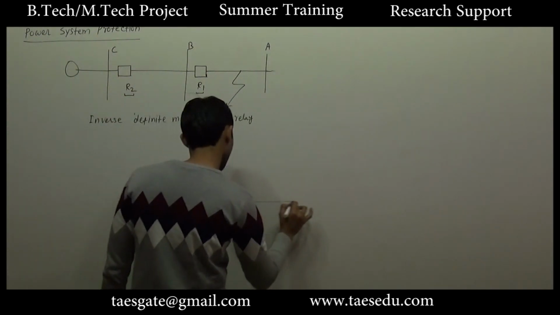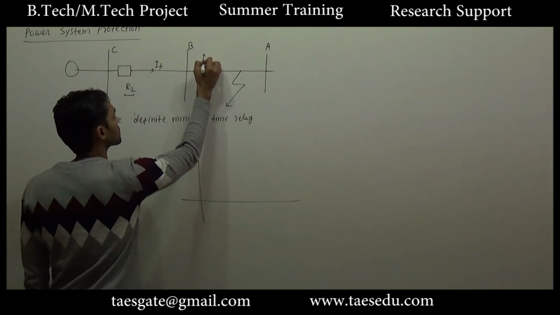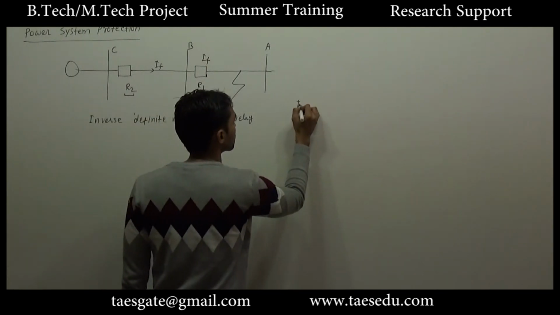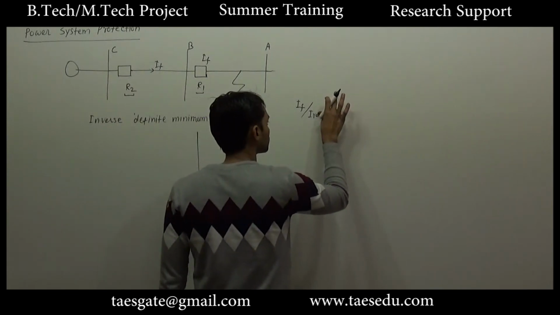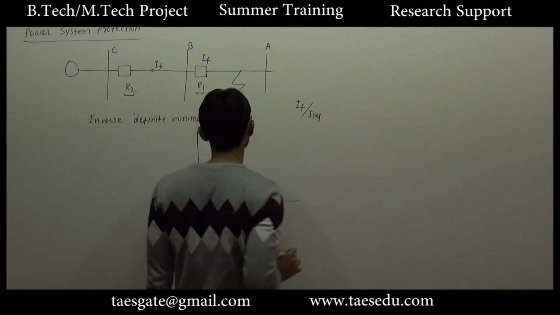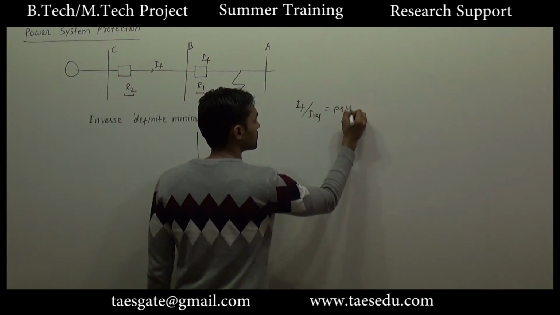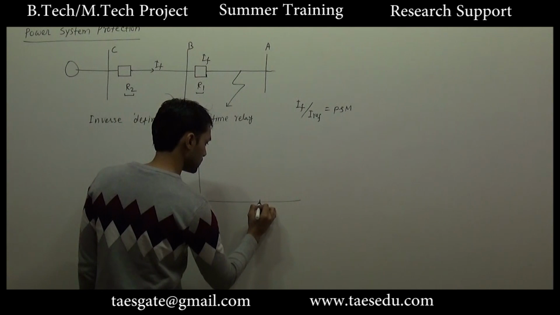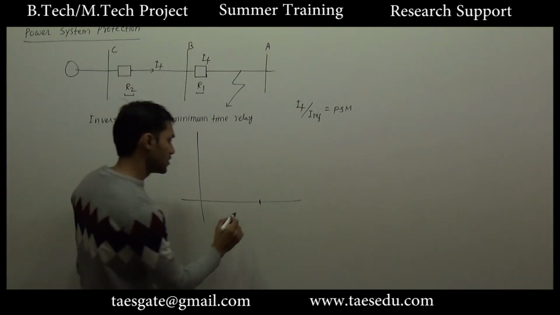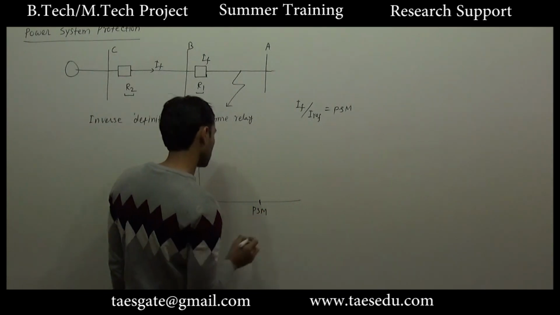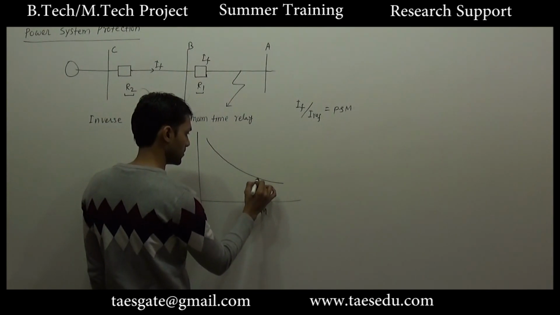If we plot the graph, the same fault current is passing through both relays. So fault current divided by reference current is PSM, plug setting multiplier. If the reference current is the same for both relays, the value of PSM will be the same. So the operation time of both relays will be the same.